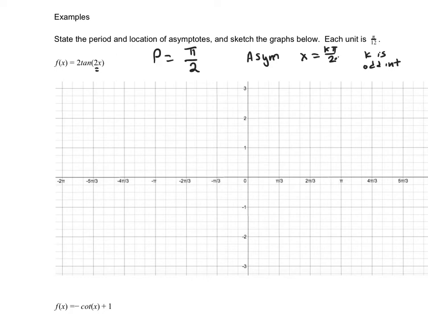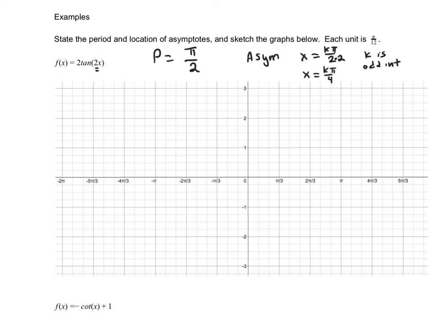So I'm just going to put another factor of 2 on the bottom, dividing it by 2. Now, if you divide by 2 and flip by the reciprocal, same thing. So this will have asymptotes at k pi over 4, where k is an odd integer. So what that's going to do is make my asymptotes at 1/4 pi, 3/4 pi, 5/4 pi, etc., etc.